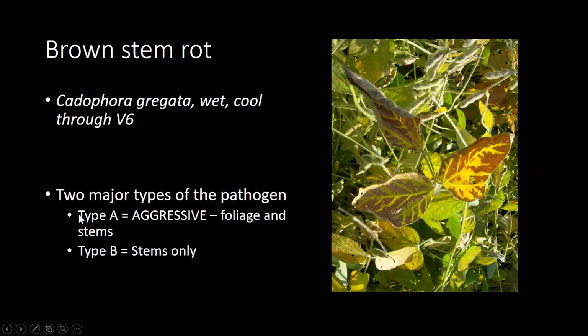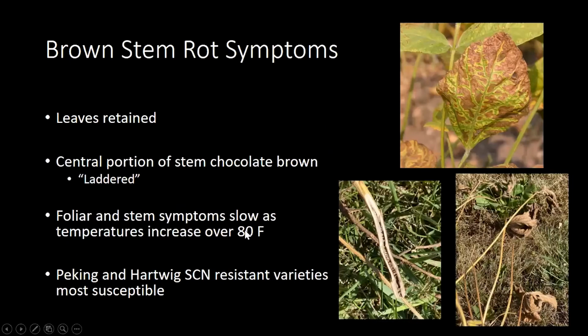We do tend to have resistance to the aggressive form in a lot of the PI88788 soybean cyst nematode resistant soybeans that we have. In type B, there's not really as much resistance. There are also some other varieties, like Peking and Hartwig sources of SCN resistance, that tend to be more susceptible to brown stem rot.